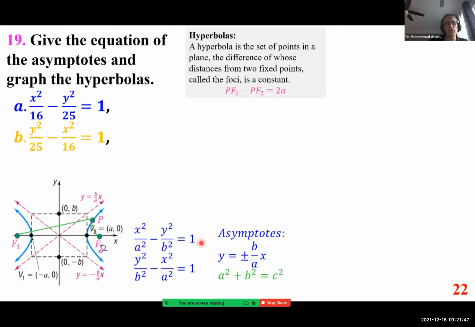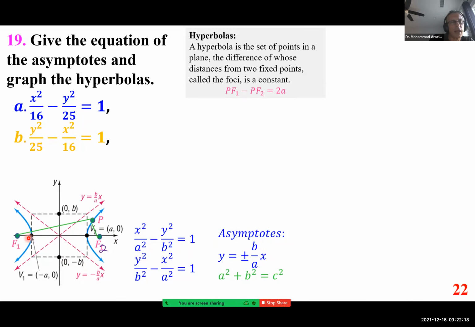So in both cases, if you look at these two cases, the center is at 0, 0. And the equation of asymptotes is y equals plus minus b over a times x. So this is the same for both of them. In this case, we have it open sideways, okay? And the vertices take place at a, 0 and negative a, 0.